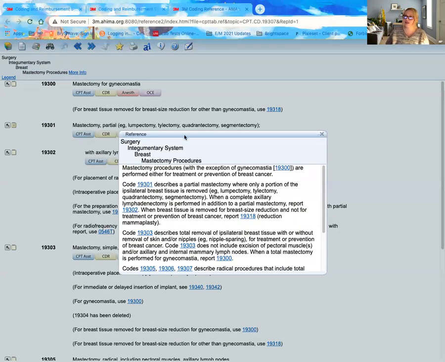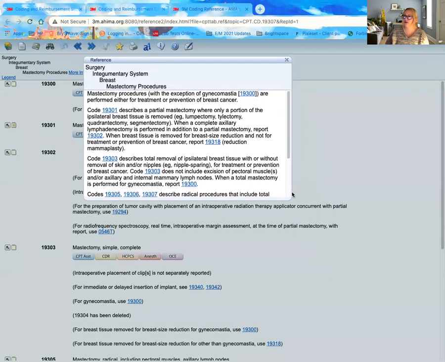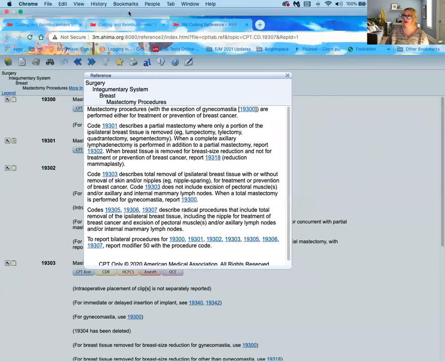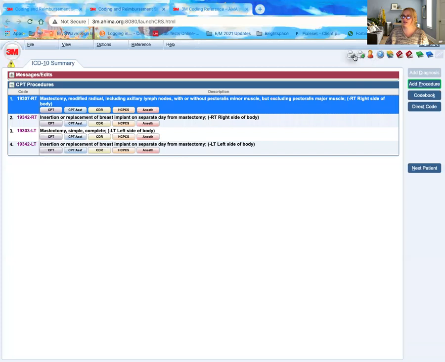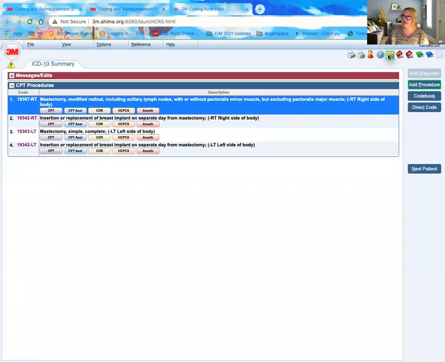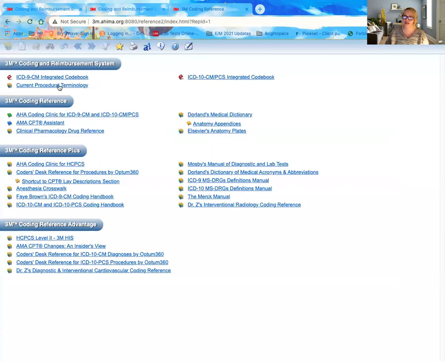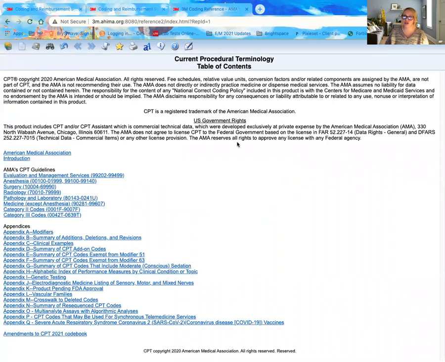I can also click here in 3M if I want to look at it in 3M directly. And if I prefer to just use 3M to get to this point, at any place within your 3M login, you can click on references, go to CPT or Current Procedural Terminology, which takes you to the online version of your CPT codebook.